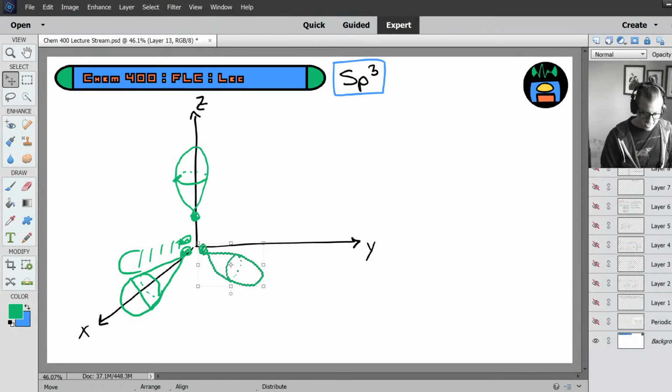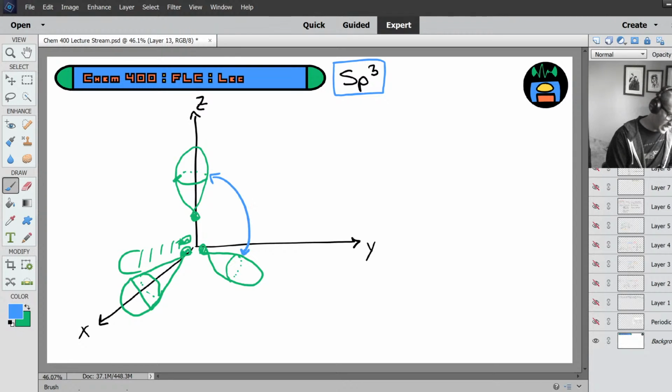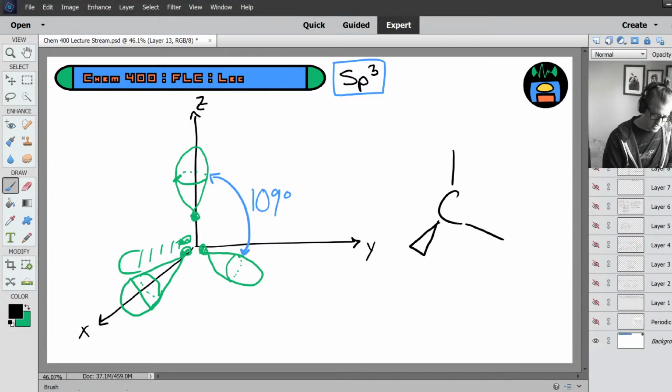And when they measured what angles exist between these sp3 hybrid orbitals that they calculated, the measured bond angles were 109 degrees, exactly like we see predicted in the VSEPR models.